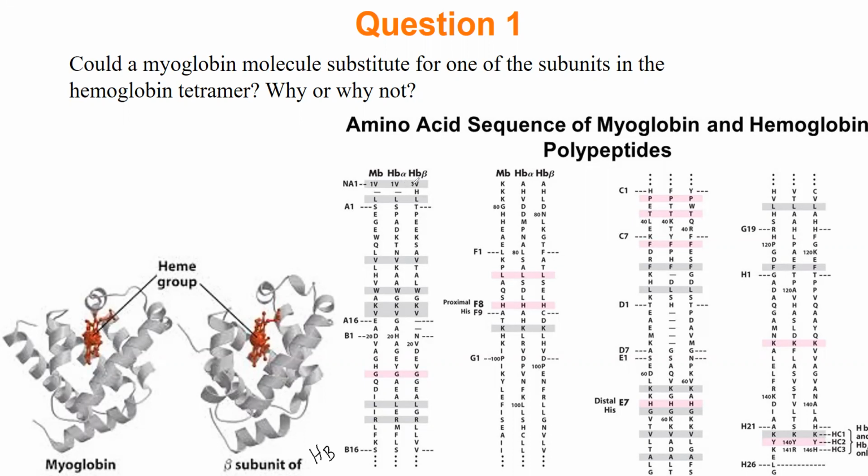And here are the sequences and the important interactions. A lot of them are highlighted here, but that's basically what's going on. So do you think we would still have the level of cooperativity?